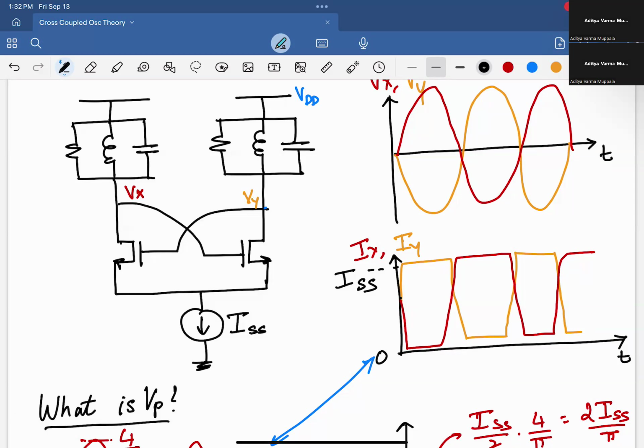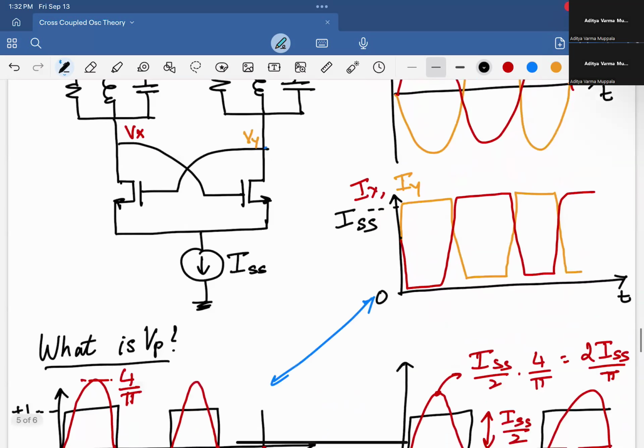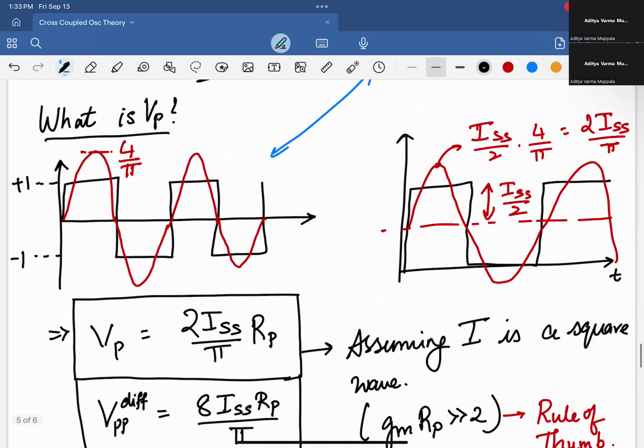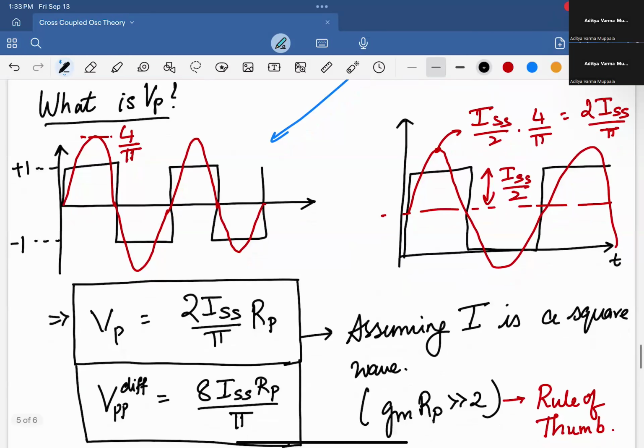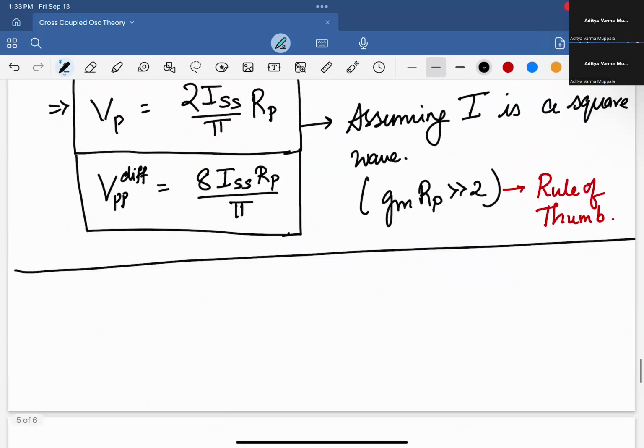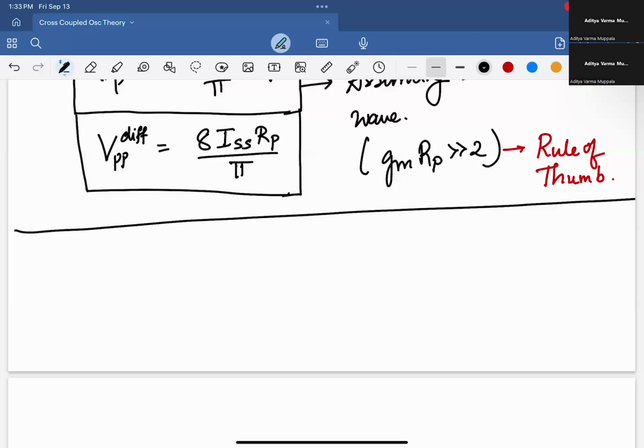And this square wave current through the branches gets cleaned up by the LC tanks up there, and you get a voltage that's more or less purely sinusoidal, right? And then we gave some quantitative numbers on what VP should be based on the square wave approximation. And that's where we ended. So using these equations, now let us look at how we can come up with a straightforward design procedure.